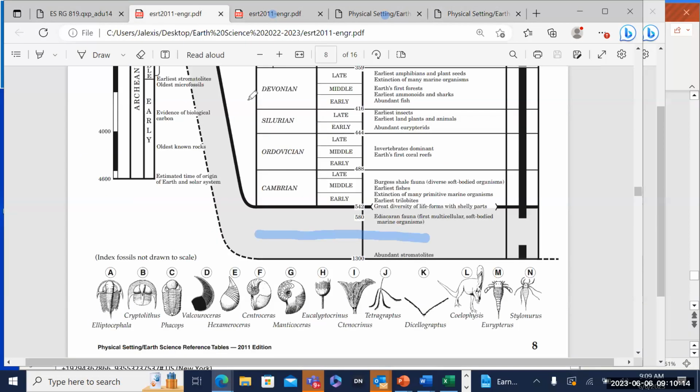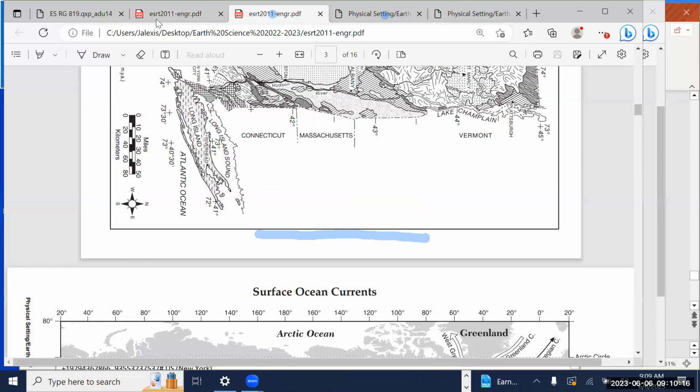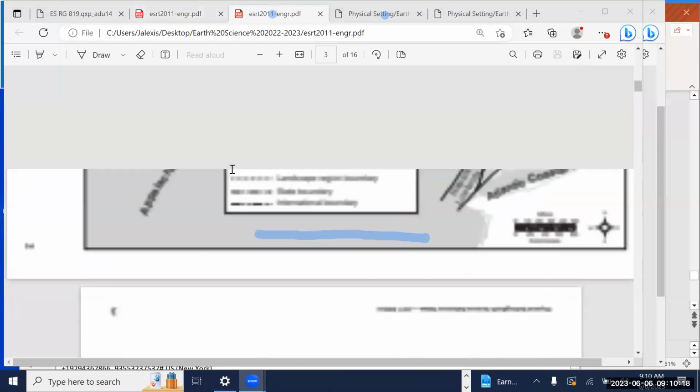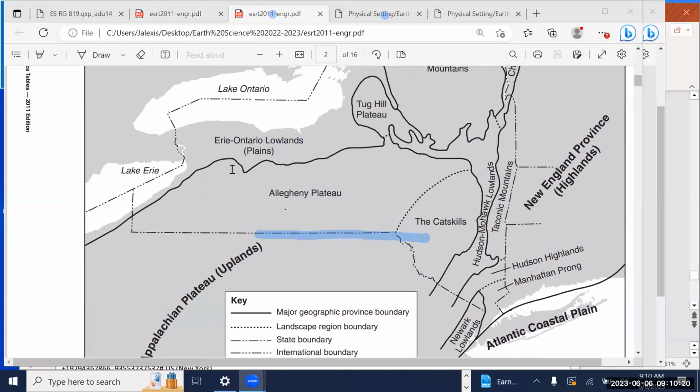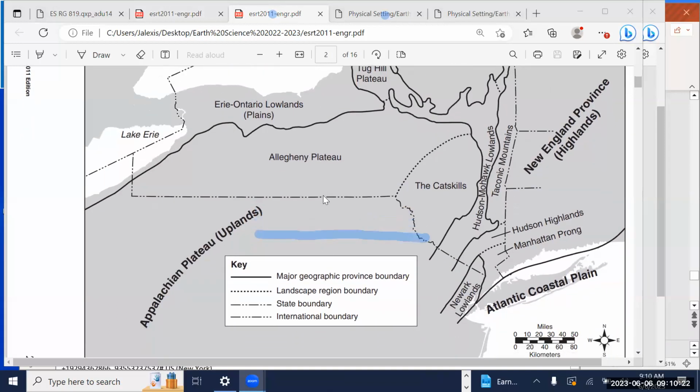Well, if you take a look, we see the Catskills is located right here, right? And we know that the Catskills is located right here, and they're saying that somewhere along the river, the river goes from the Catskills to the Atlantic Ocean, right?